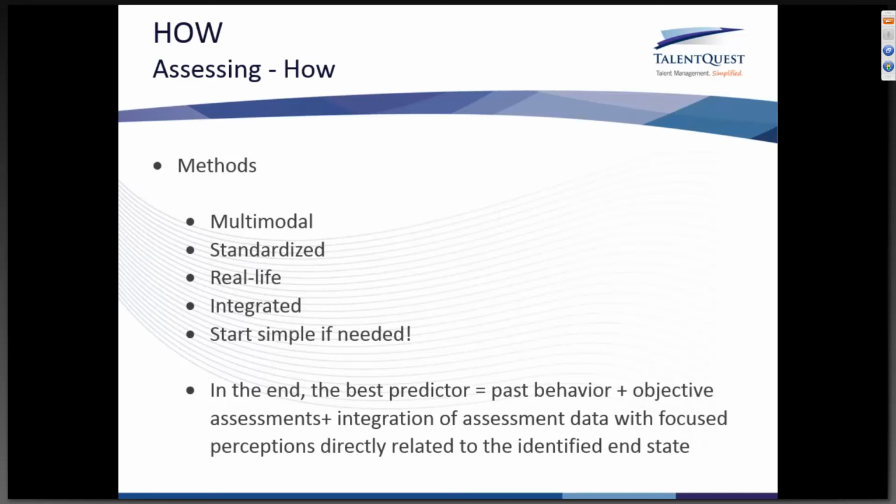The hows, we talked through this a little bit. I'm not going to beat this up too much, but obviously we want multimodal methods. And what I mean by that is if we're just basing our assessment of potential off of surveys or just off of interviews, we're losing the value we could have by doing both of those and more. Standardized, we talked about. Real life, getting some feedback, and we'll touch on the 360s.